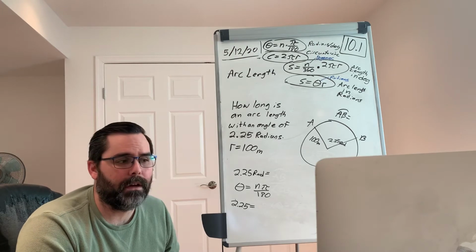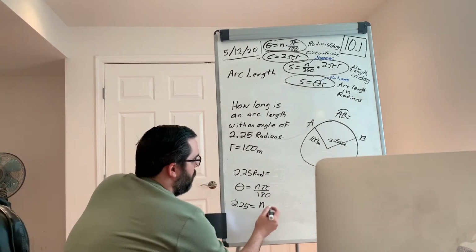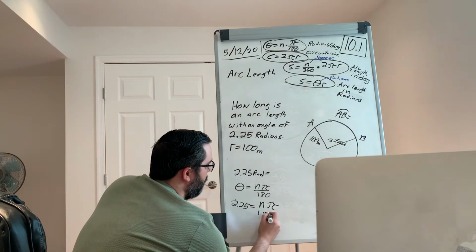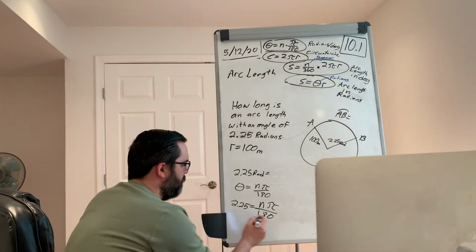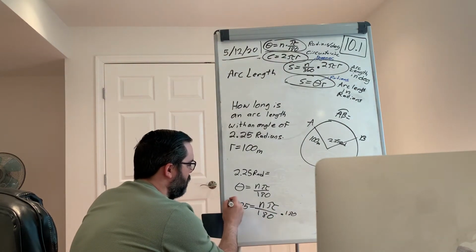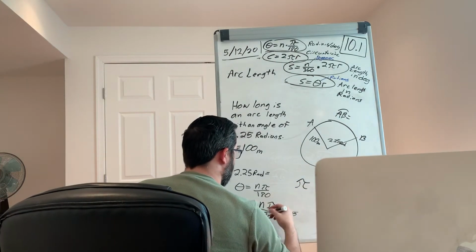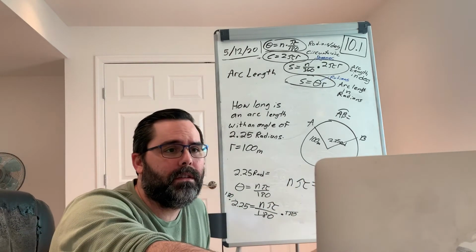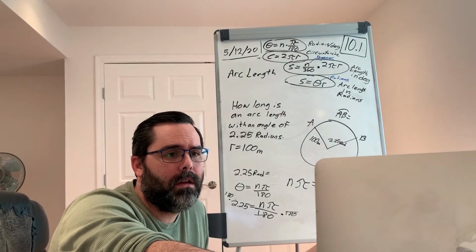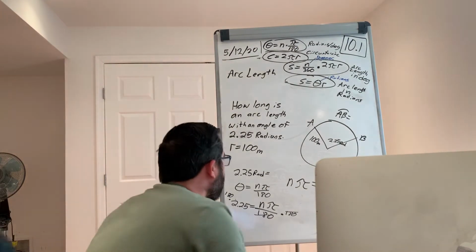We don't know. N is a variable. It's how many degrees. It's what we're looking for. Leave it as n. Solve this for n. Start by multiplying both sides by 180. These cancel, and we're left with n pi equals whatever 180 times 2.25 is. 405.